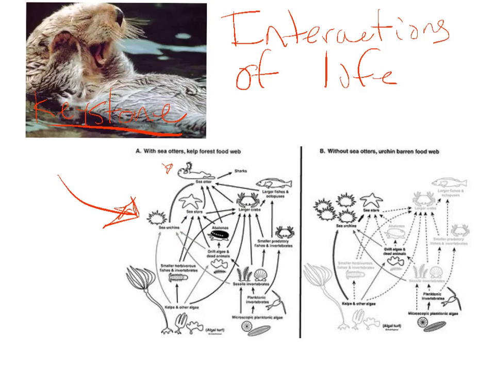But what happens if we take that guy out? What happens if we kill the sea otter, we take him out? There's nothing to eat those higher level organisms. And the problem with that is, and this is a real quick explanation, look down here at what the sea urchins and things eat. They eat all the kelp and all the green things and all the plant material that provides habitat.